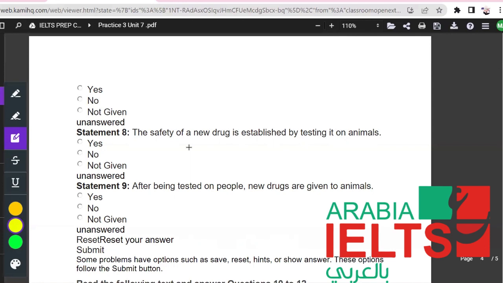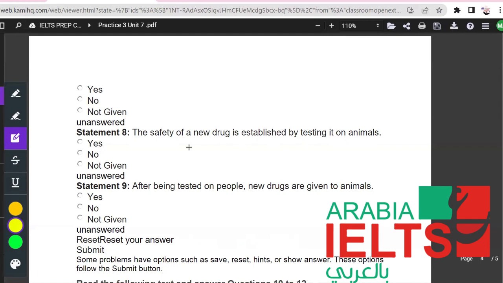We can say yes, but in the text it says species, but not animals. But we can understand that we can use animals to test the drugs. Yeah, when they say other species they mean animals, but they don't want to say animals. It's the same idea basically. Okay, your answer is correct.